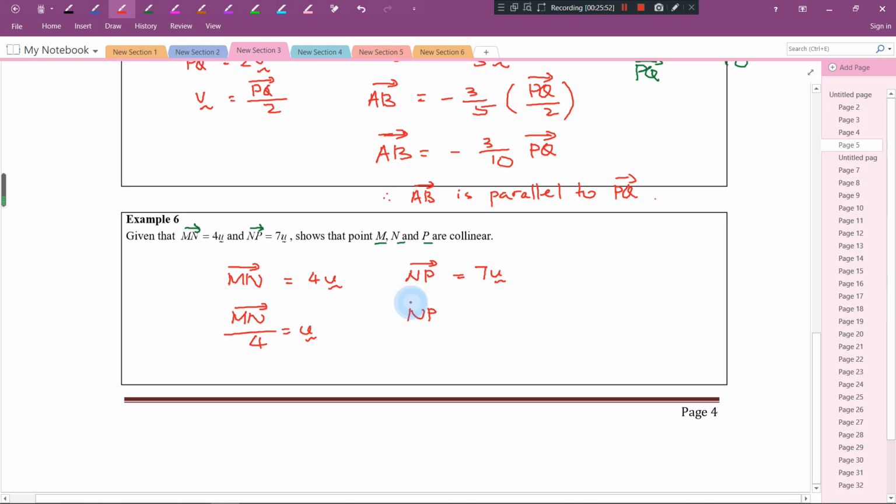So NP is equal to 7U, so it's 7 over 4 MN. Okay, so from here we can say that therefore NP and MN are parallel.